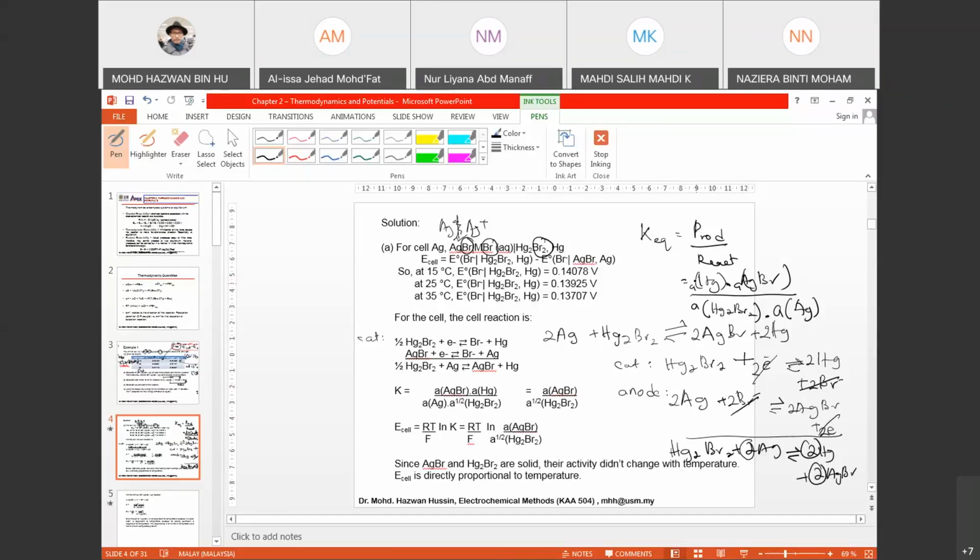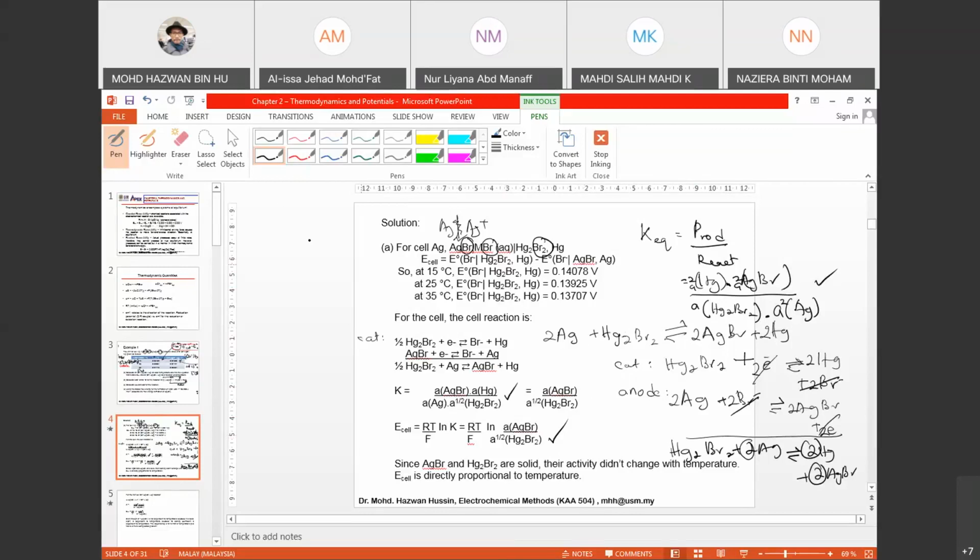So we can write it as a2, Ag2 also. For Hg2Br2, the stoichiometry is 1, so no need for the power of 1. And for Ag, it's power of 2. You can write it as this one, or as this one. No problem.